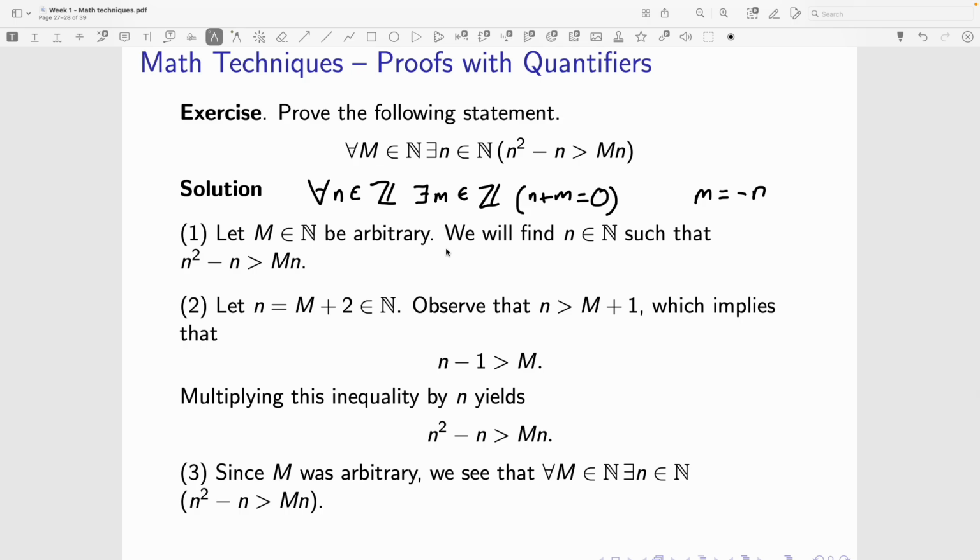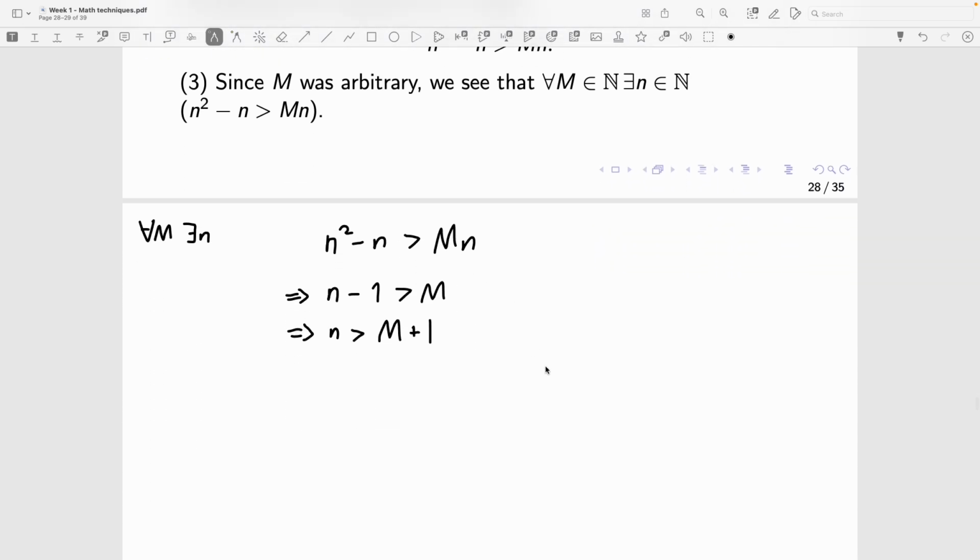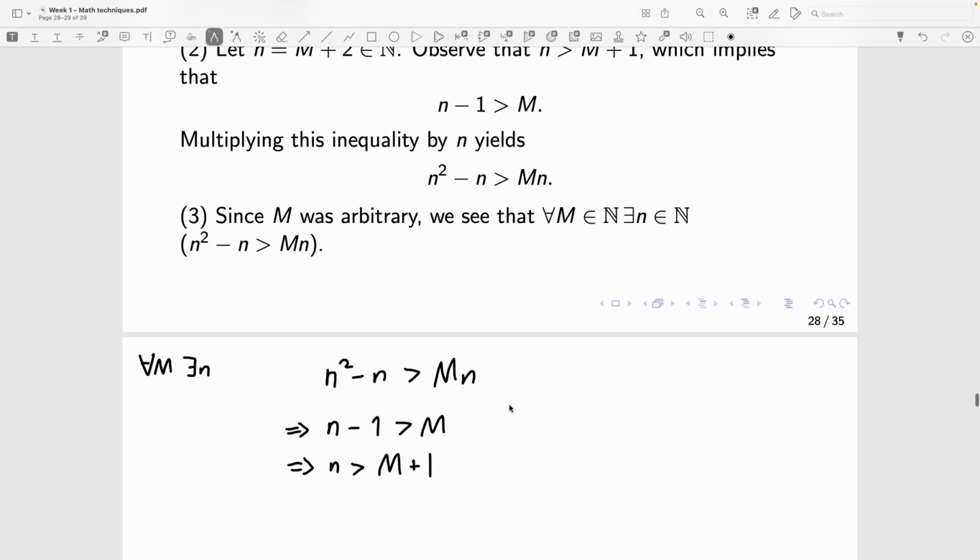So we have to choose a specific n for our m. What's the smallest integer you could think of that's greater than m plus 1? Well, its successor, m plus 2. Any value greater than m plus 1 would work. You could say n equals m plus 3 billion, but we'll keep things simple and define it as m plus 2.